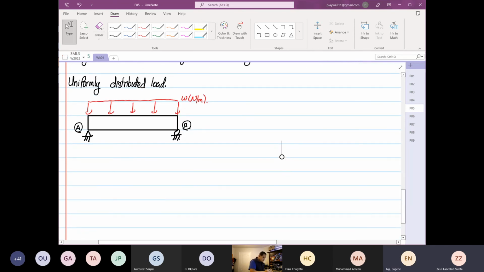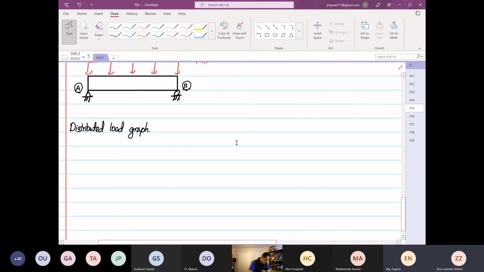So if I'm going to sketch a distributed load graph, not a diagram, what you will see is our y-axis, which will be in omega, and on our x-axis, this is our x.